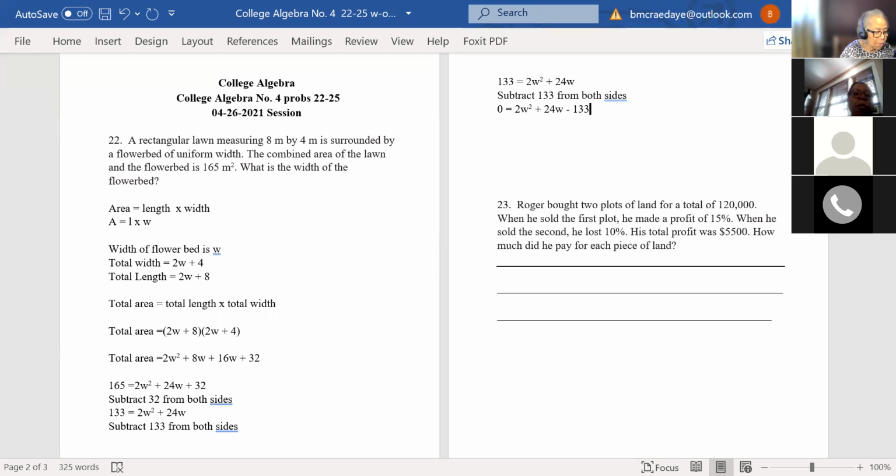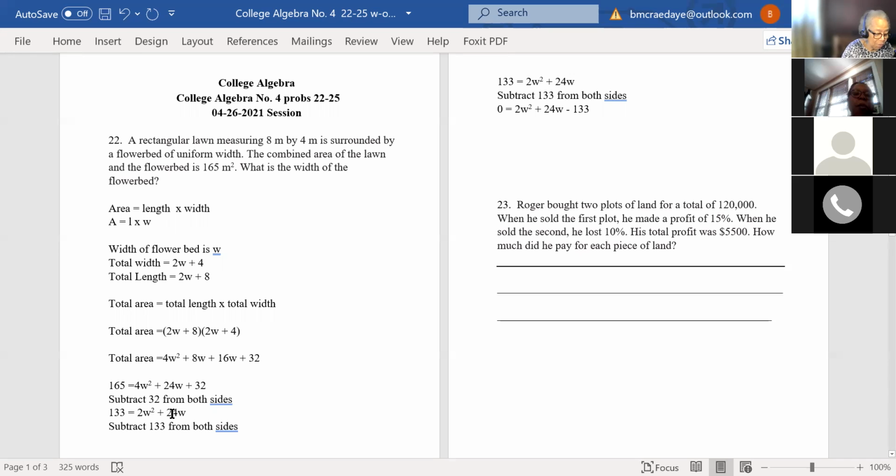Wait a minute. No, no, this would be 4, Latoya. 2W times 2W is 4W squared. Right? Not 2W squared. 2 times 2 is 4, and W times W is W squared. So this would be 4W squared. Right, Latoya? Oh, I wrote it wrong then. You probably did tell me right.